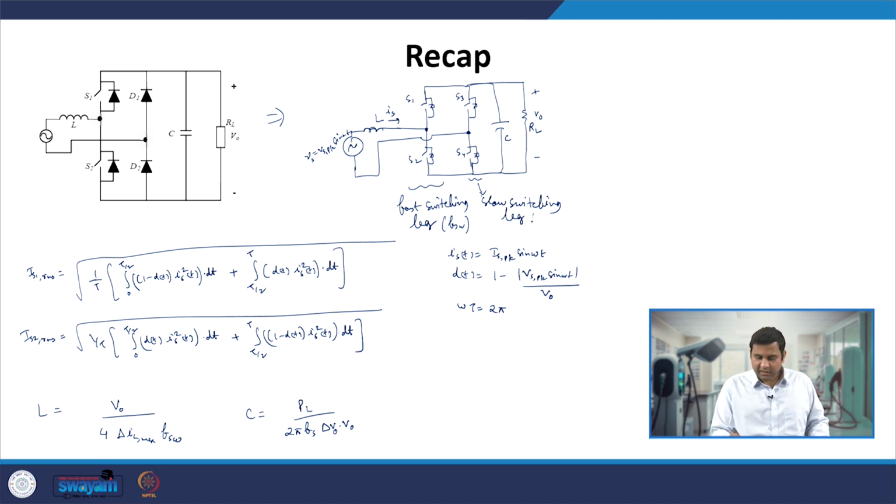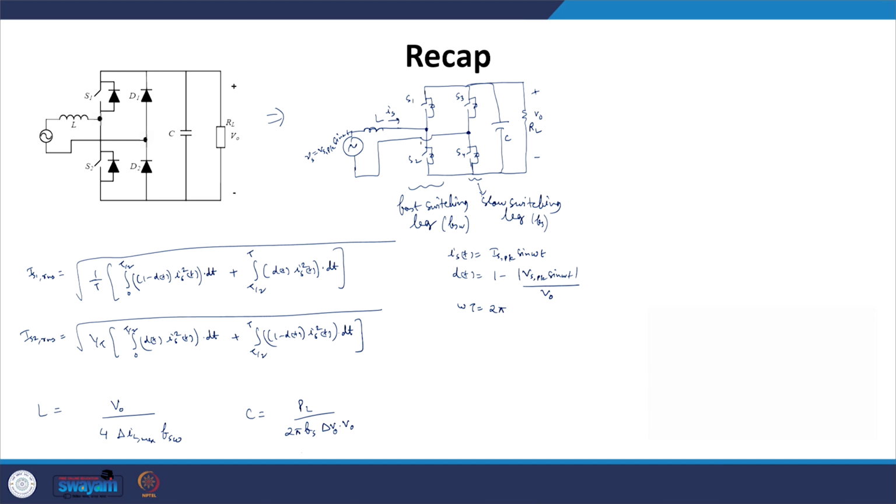So they switch at a very slow frequency, Fs, the same as the line frequency. In one line cycle we have many switching cycles, depending on how large FSW is compared to Fs. Similarly, we have also seen the RMS current of the S1 switch, which is shown over here.